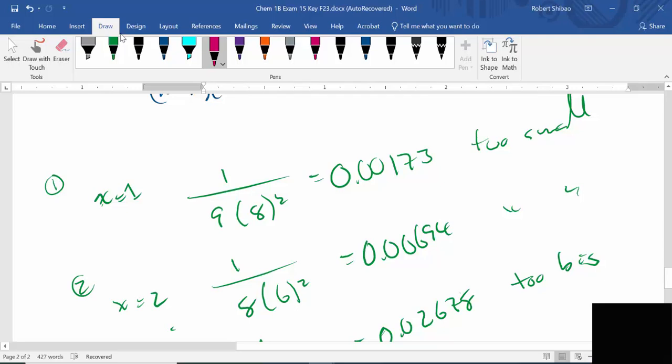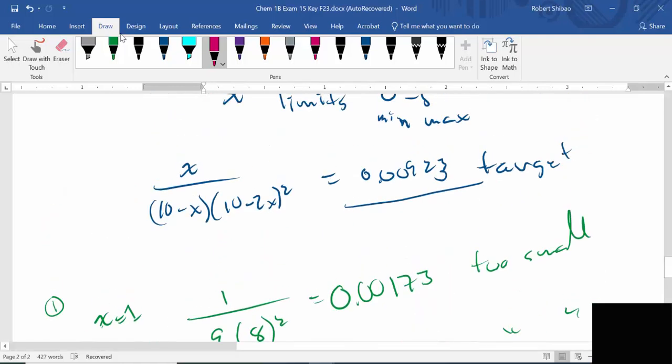Why 1? Because algebra is going to be easier for this. This is going to be 10 minus 1 is 9. 10 minus 2 times 1 is 8. Square that, invert it. And so this comes out to 0.00173. We need 0.009. That's our target. So it's too small.